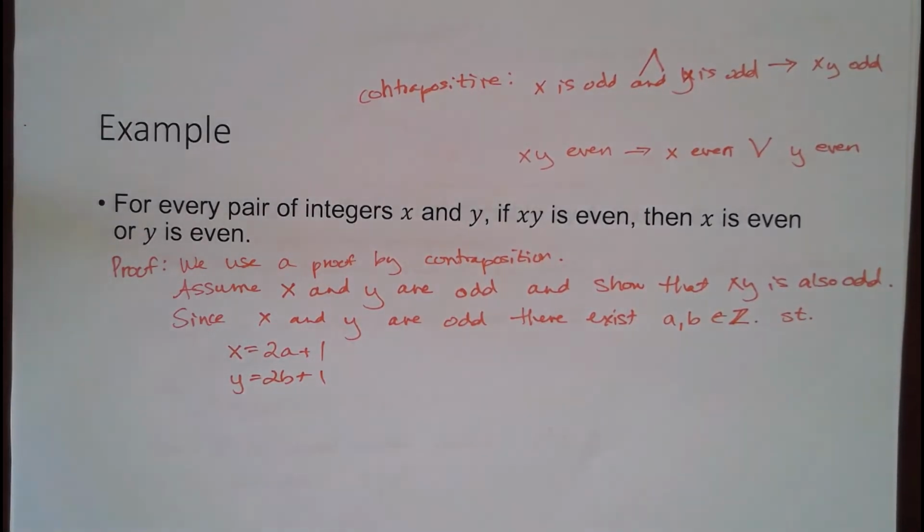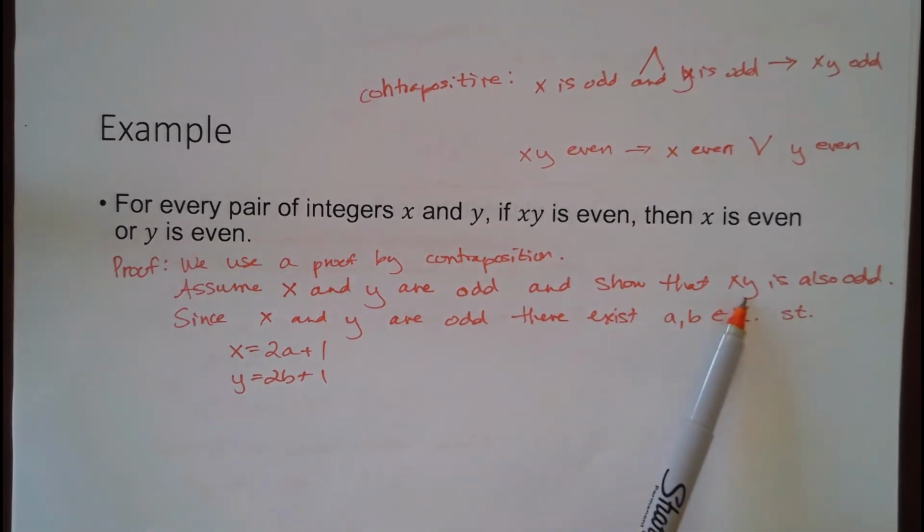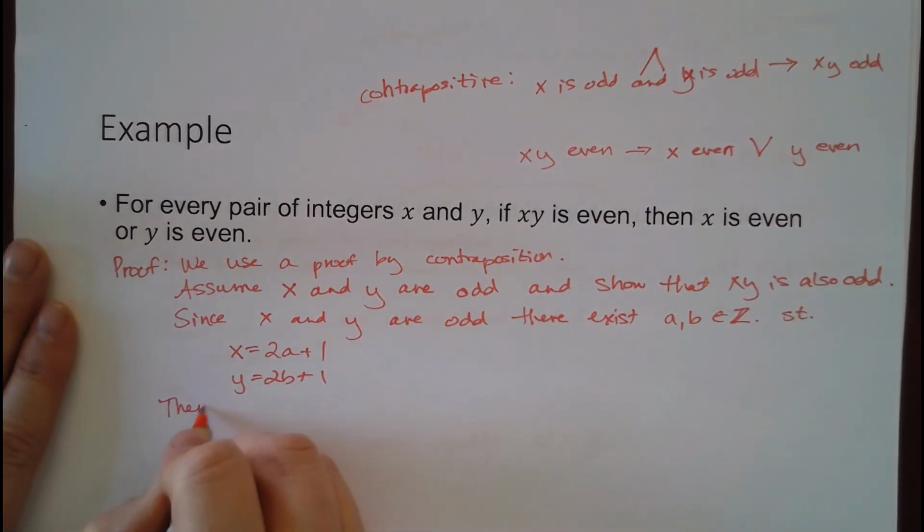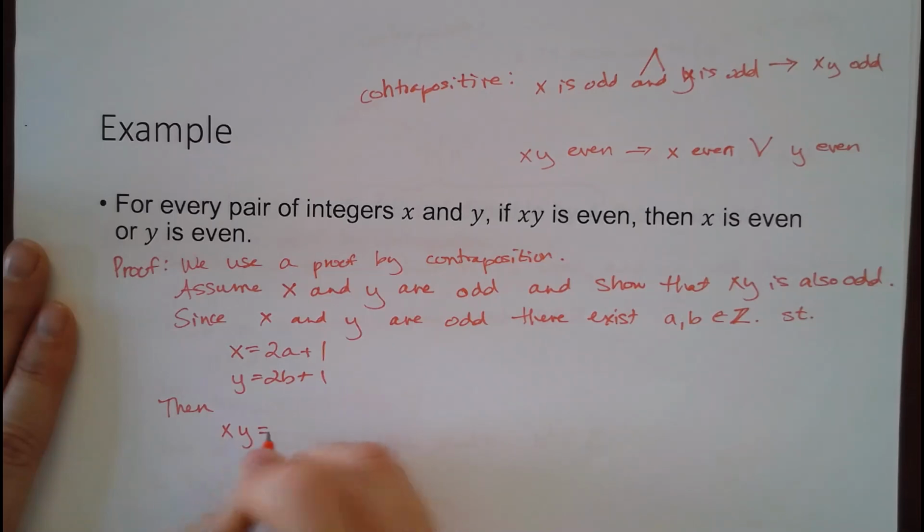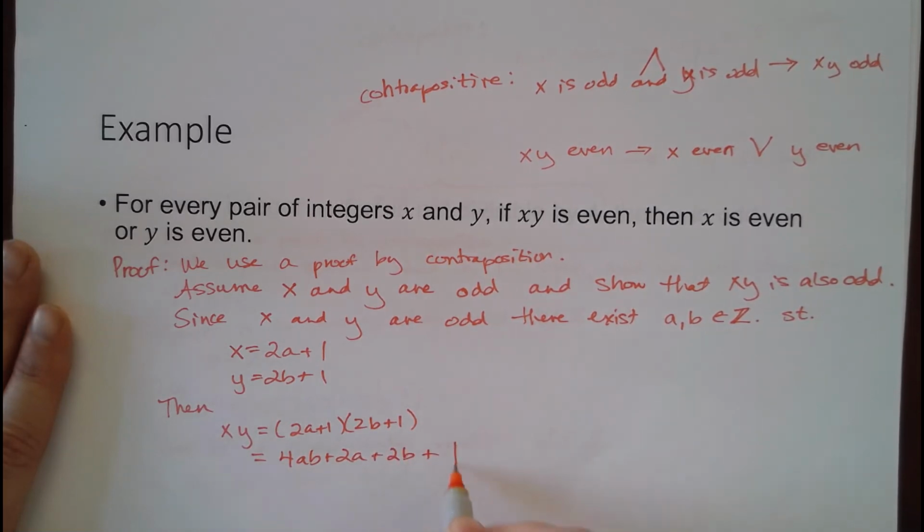Okay. And then I say, all right, well, what am I trying to prove again? Oh, I'm trying to prove that x times y is odd. So I better come up with an expression for x times y. All right. So then x times y is 2a plus 1 times 2b plus 1. All right, so that is 4ab plus 2a plus 2b plus 1.